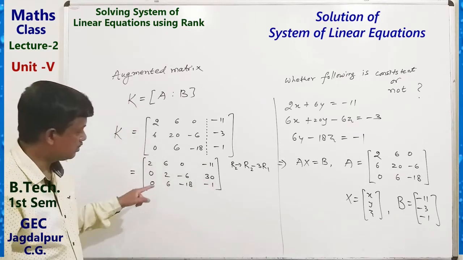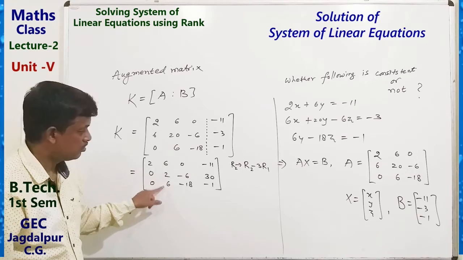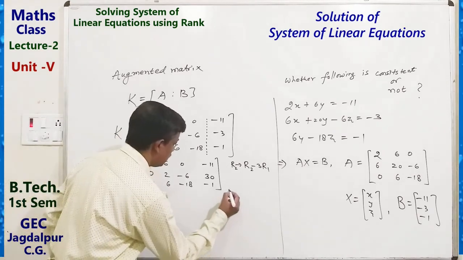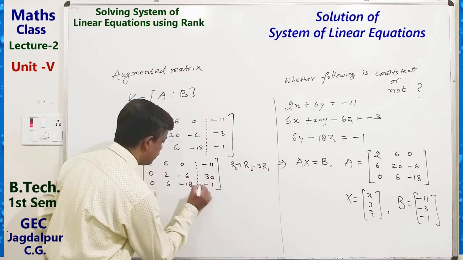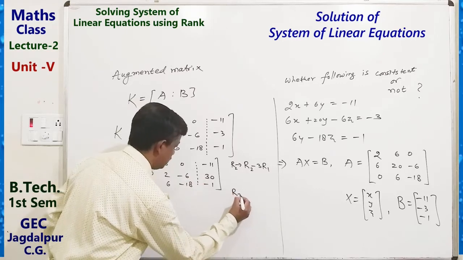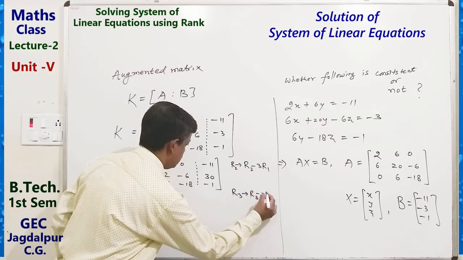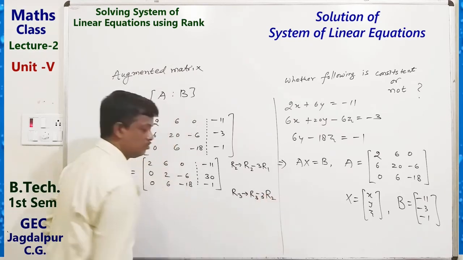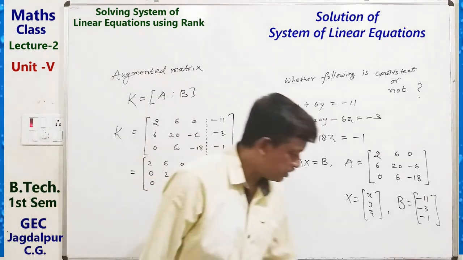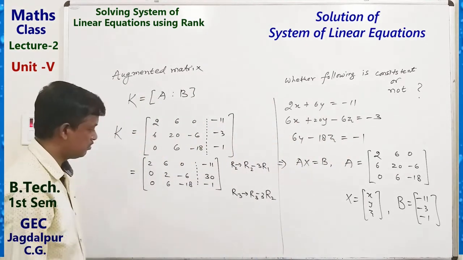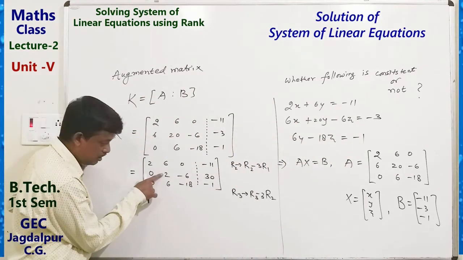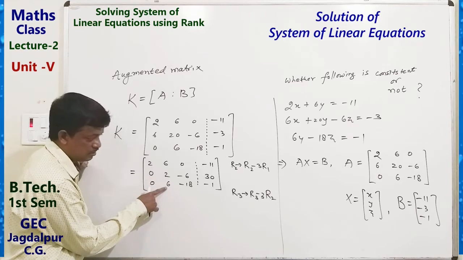Now by using this, make it 0 also. So here we apply R3 goes to R3 minus 3R2. Multiply it by 3 and subtract from here.